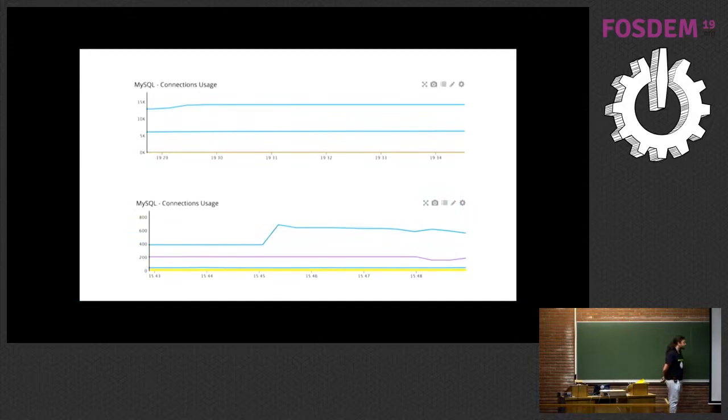Basically, those are benchmarks. They were running the same traffic directly on MySQL and through ProxySQL, so you can easily see the difference. I don't know if you can see the numbers, but here we are close to 15,000, while here we are barely around 700. So the number of connections was 5% of the original. They drastically reduced the number of connections.